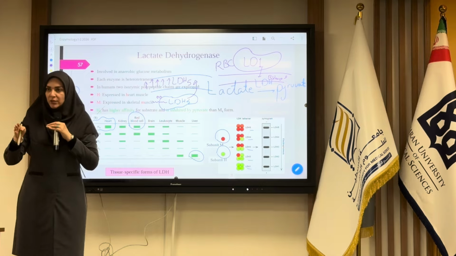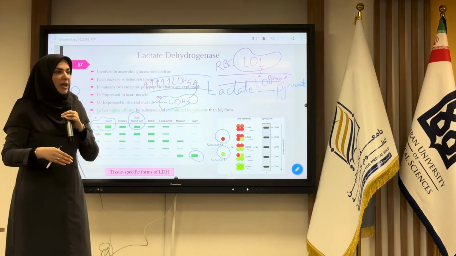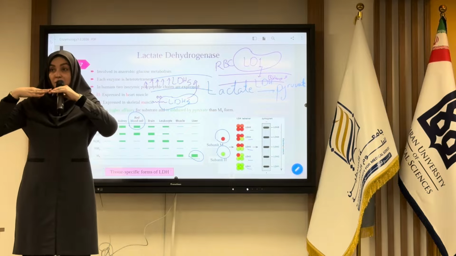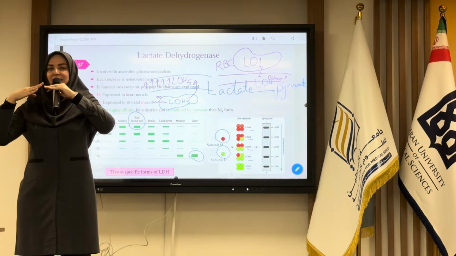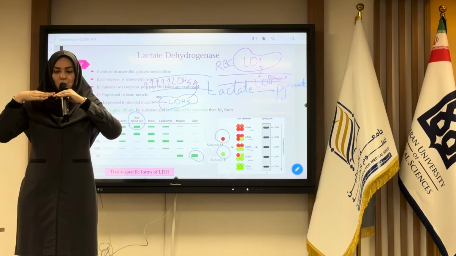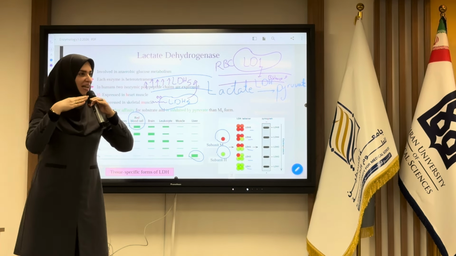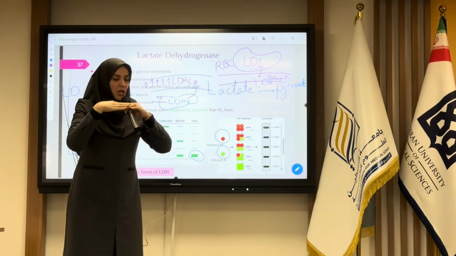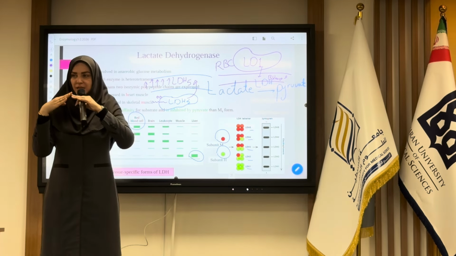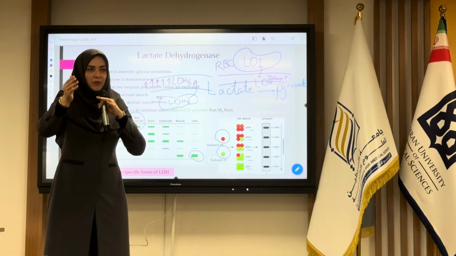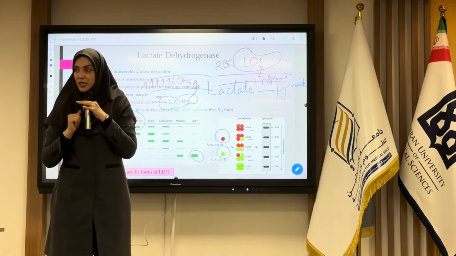Inshallah, again in a vitamin session, you will be familiar. We have different types of anemia. When your RBC lysis, this is known as hemolytic anemia. Okay? Hemolytic anemia means your RBC break down, release their contents, release hemoglobin, release lactate dehydrogenase 1.